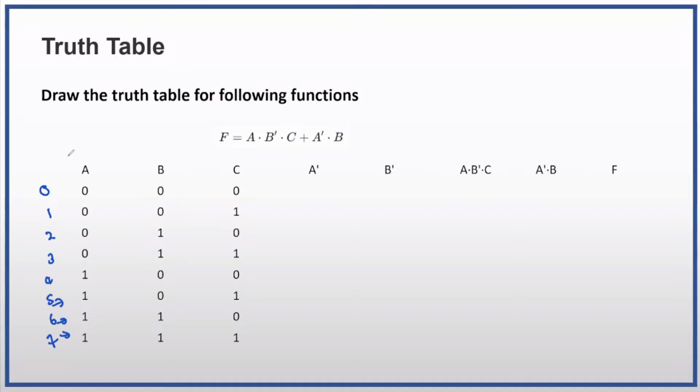All these decimal numbers are converted into binary and you can use them as the inputs. So here 0 is 0 0 0, 1 is 0 0 1, and so on. 5 is 1 0 1. This is how you can view the inputs in order. Then according to that you have to get the output.